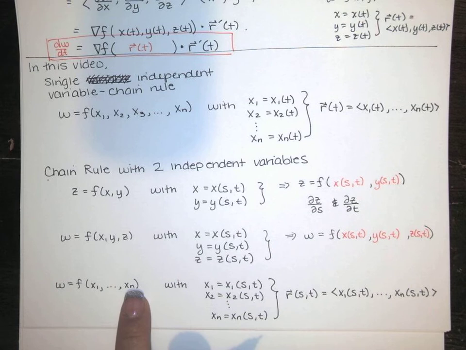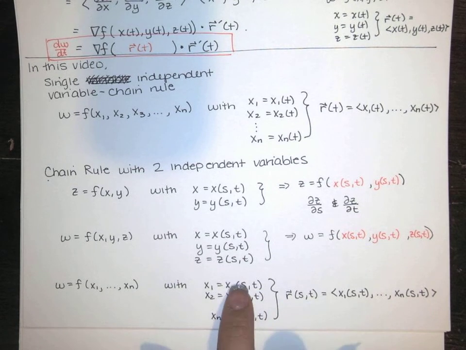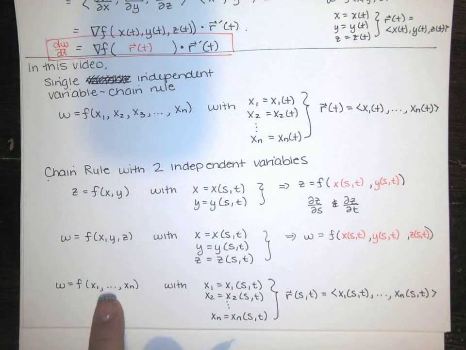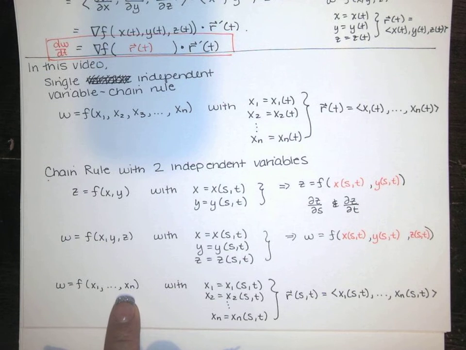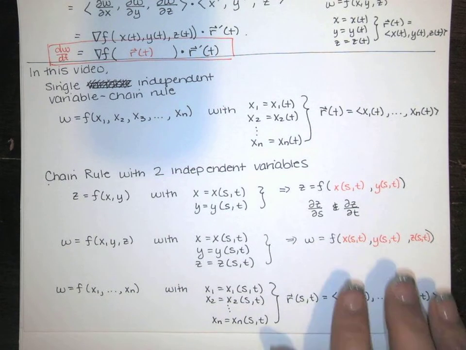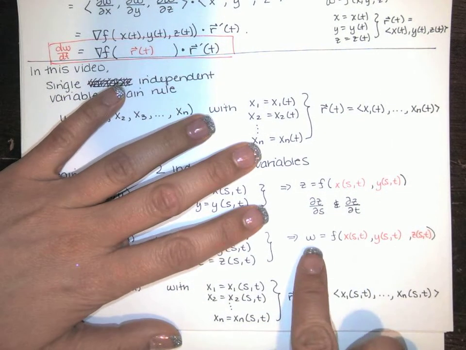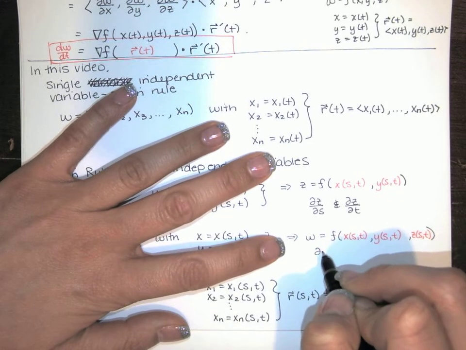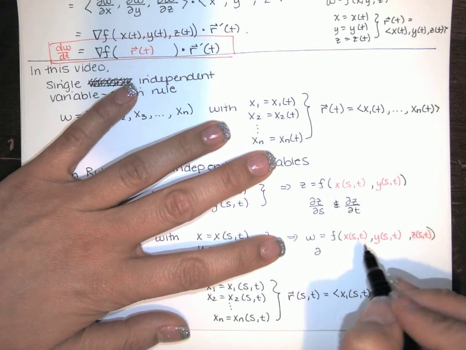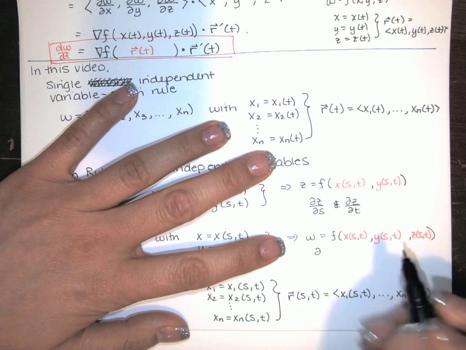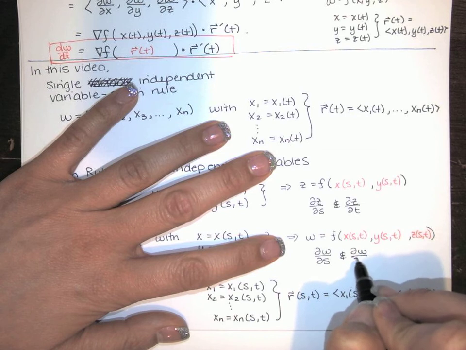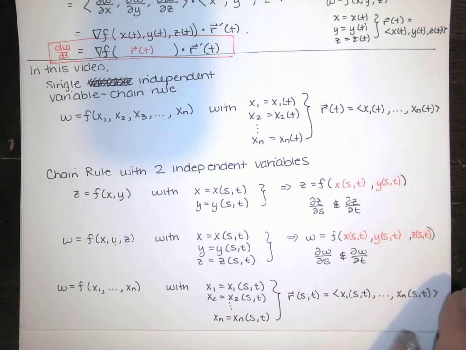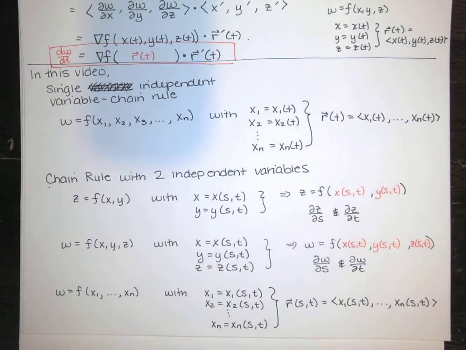If you replace x sub 1 through x sub n with all these functions of s and t, then you're going to end up with a new function that depends entirely on s and t and not these n variables x sub 1 through x sub n anymore. Okay, and so we can talk about the partials of this function, z with respect to s and t. After I replace the x, y's, and z's with functions of s and t, I can talk about the partials of w with respect to s and t. And the same would be true here. This is because we have two independent variables, s and t.